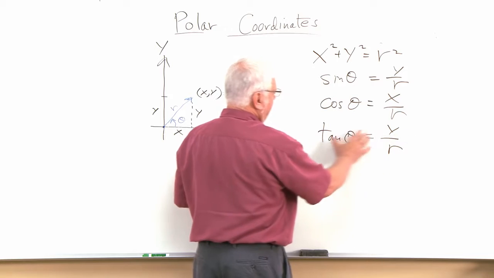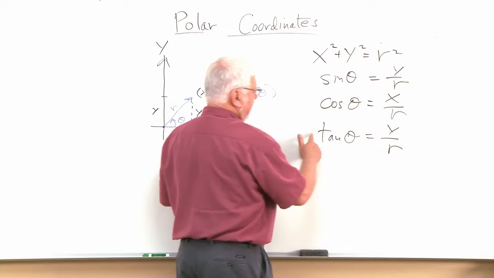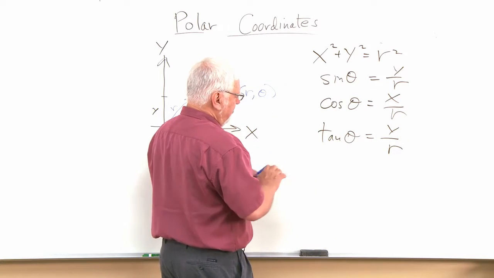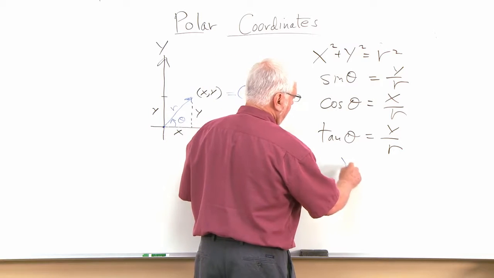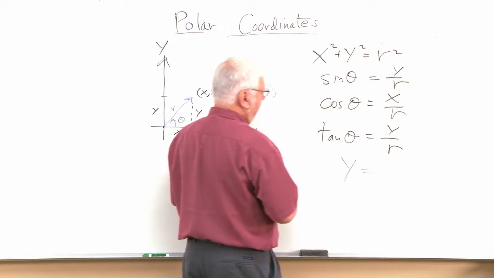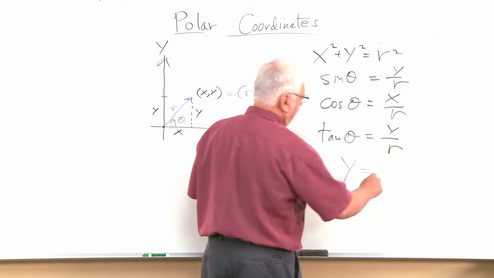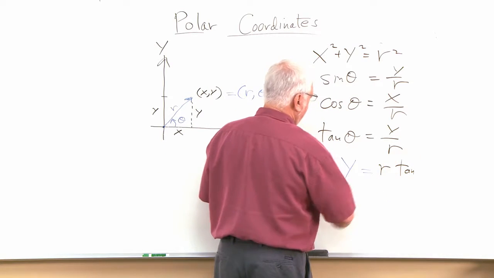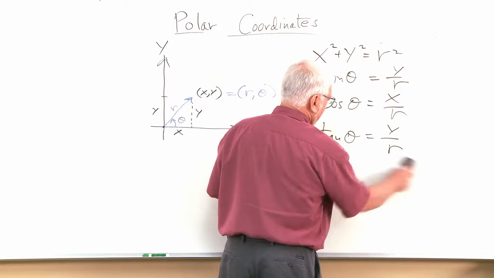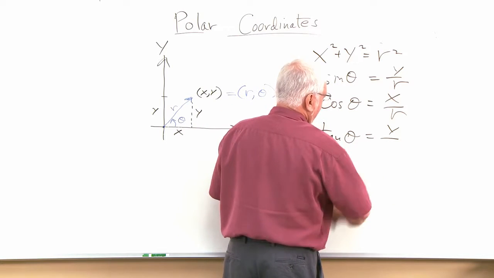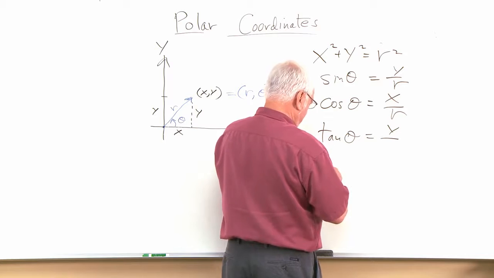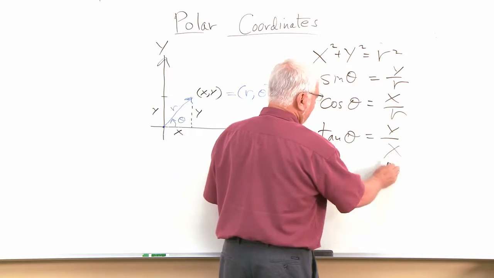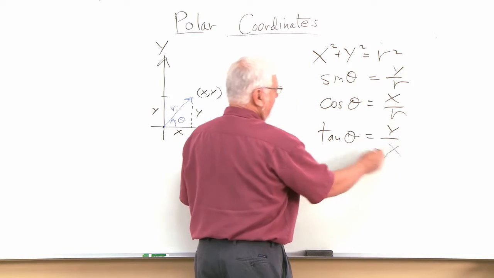So if we simplify this by multiplying both sides by r, we would end up with this relationship, that y equals r. No, that's not right. I was right the first time. So this has got to be an x. So this one's clean. Rectangular, rectangular, polar.